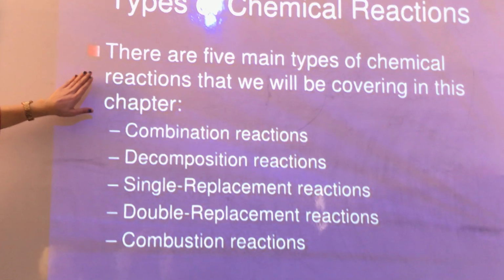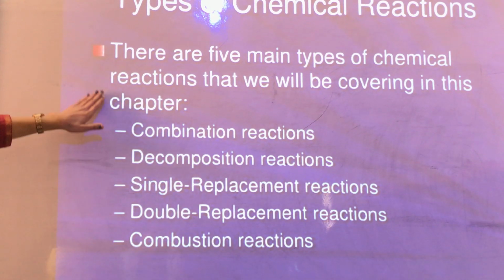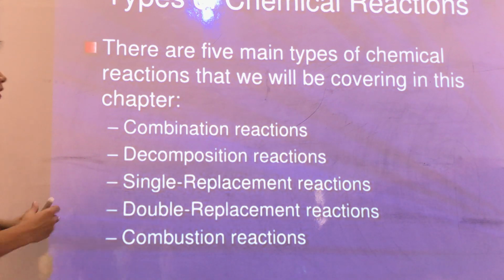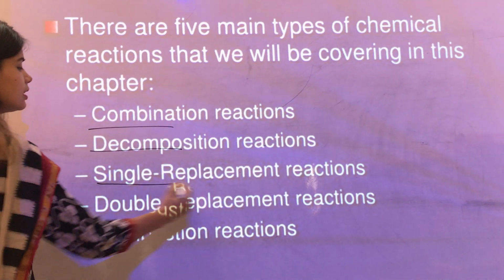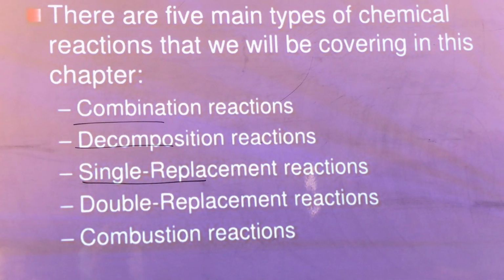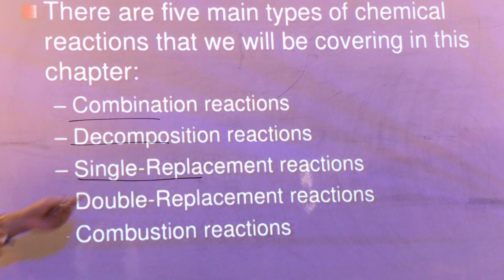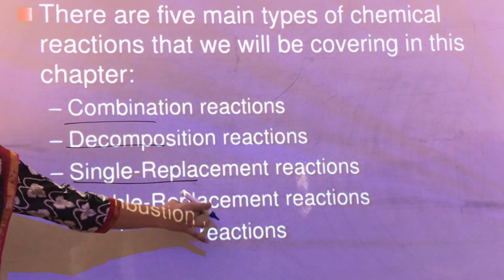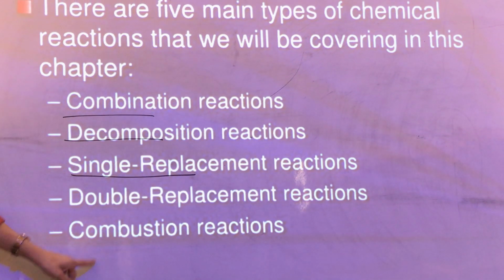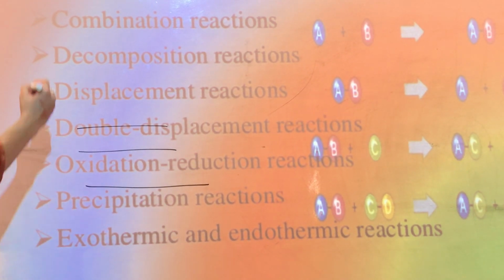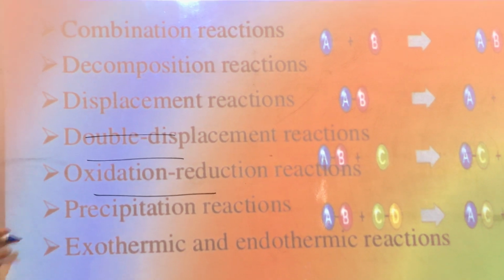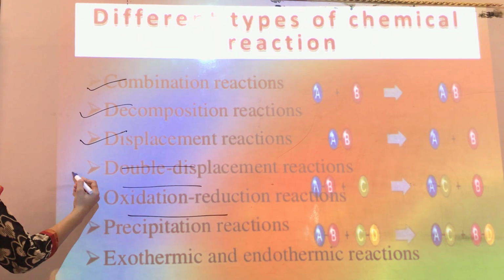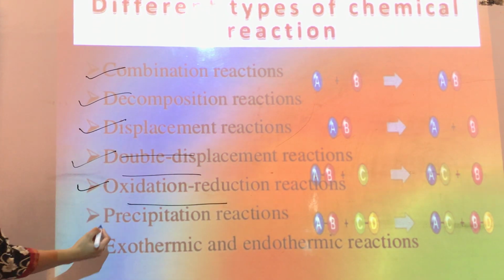Let us have a look at these 5 main types of chemical reactions: combination reaction, decomposition reaction, single replacement reaction, also known as displacement reaction, and double replacement reaction, or double displacement reaction. I hope you are able to see it: combination, decomposition, displacement, double displacement, oxidation.